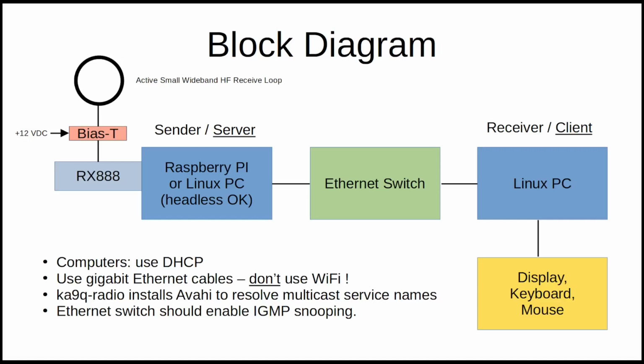That is connected through an Ethernet switch to our client PC, which is a Linux PC, which does have a display, keyboard, and mouse. The computers all use DHCP, so their IP addresses are assigned dynamically. We use gigabit Ethernet cables. Don't use Wi-Fi, as it doesn't behave too well with multicast.